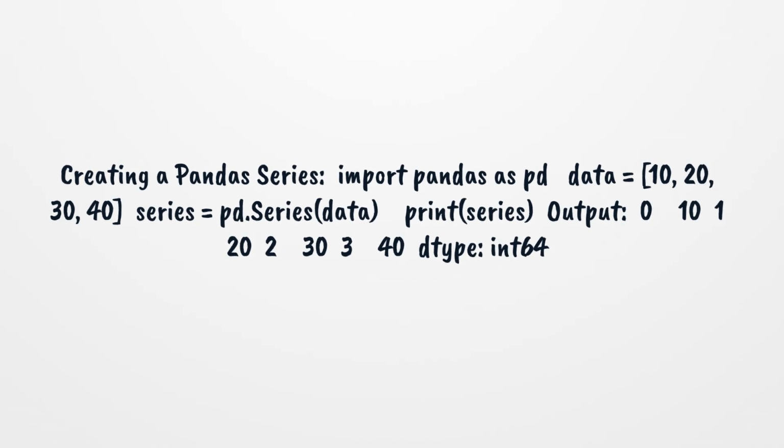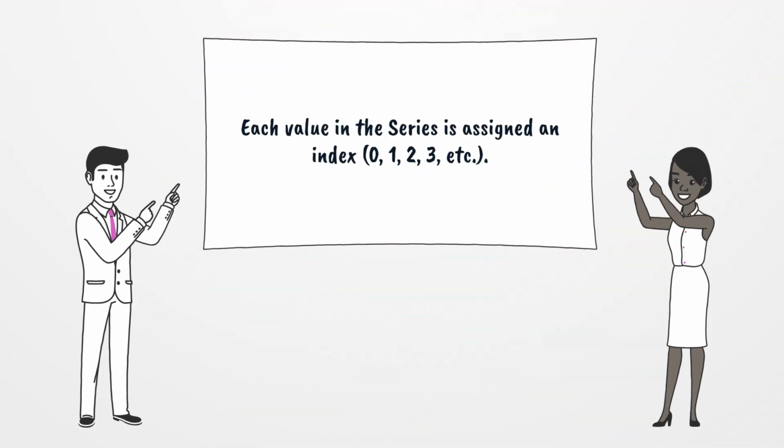Output: 0 10, 1 20, 2 30, 3 40. Type: int64. Each value in the series is assigned an index: 0, 1, 2, 3, etc.